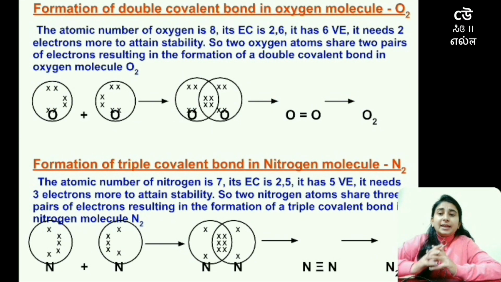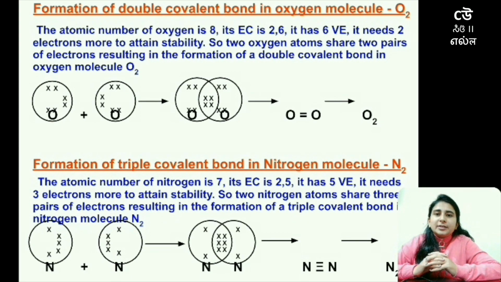Now let's see how double covalent bonds are formed. For that, we'll take the example of oxygen gas. The atomic number of oxygen is 8. So its electronic configuration would be 2, 6. So how many valence electrons? 6. And how many extra electrons does it need to become a stable element? 2 more, right?